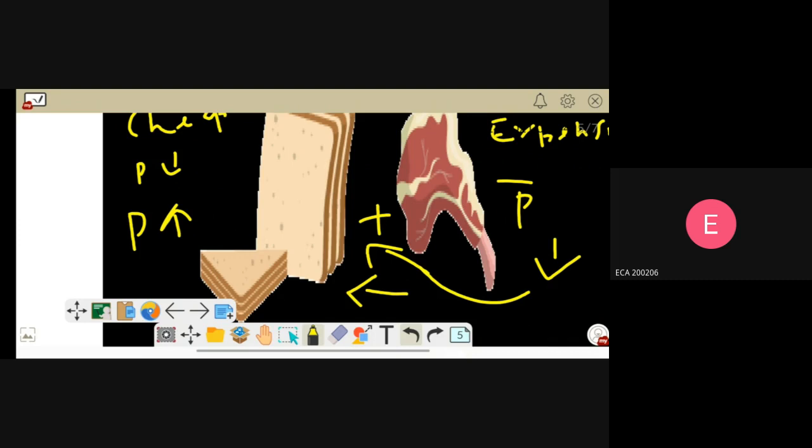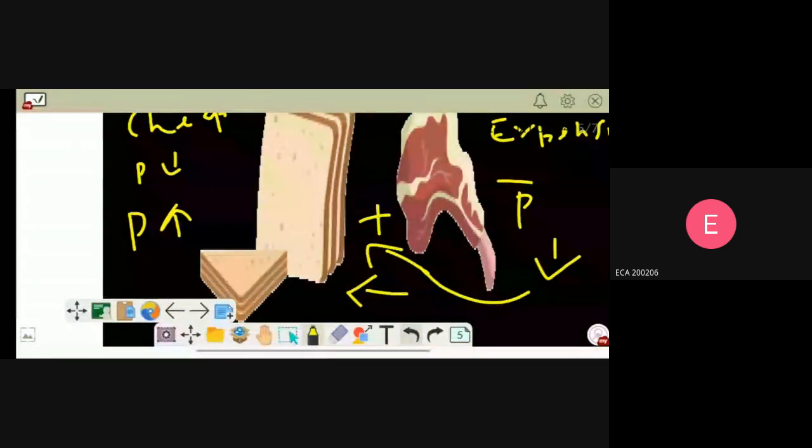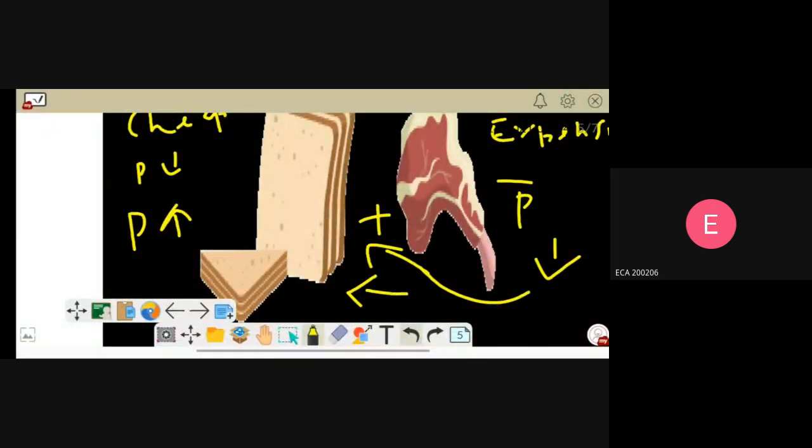He wants to compensate for the calories lost because he's not buying meat. That's why when the price of bread increases, he buys more bread. So that is a paradox.